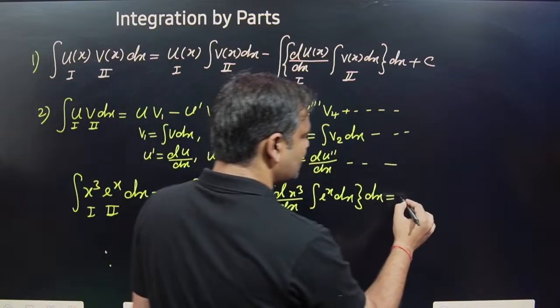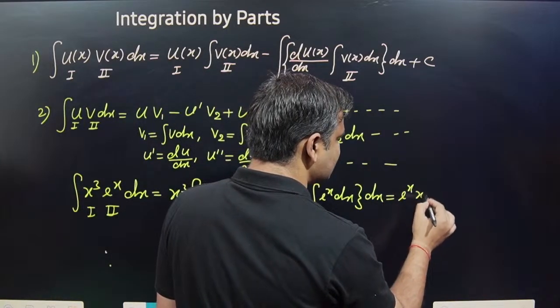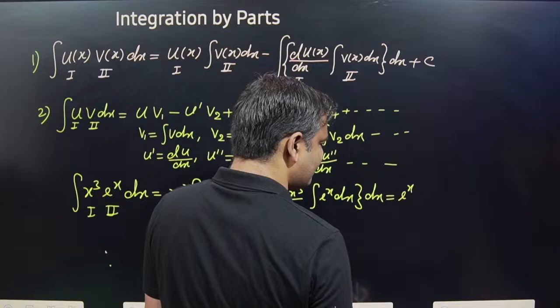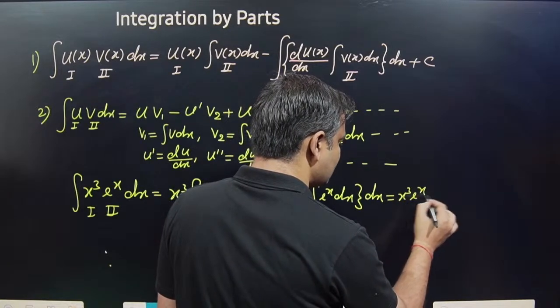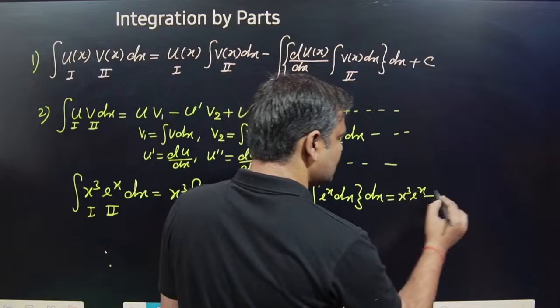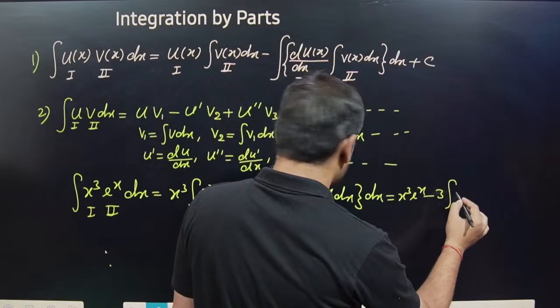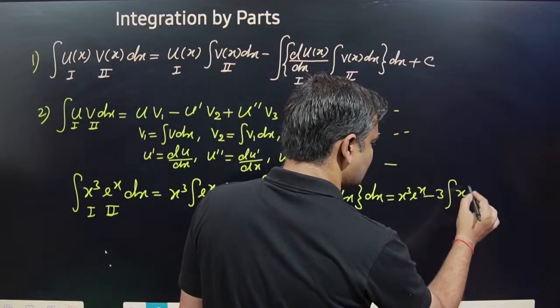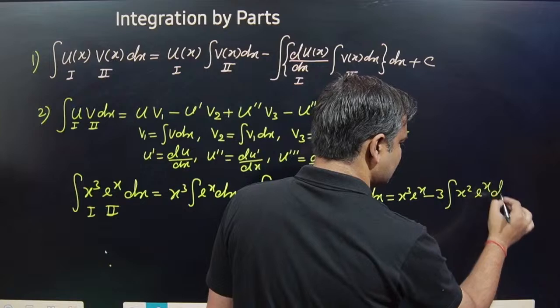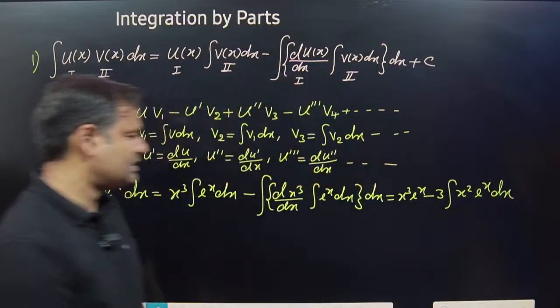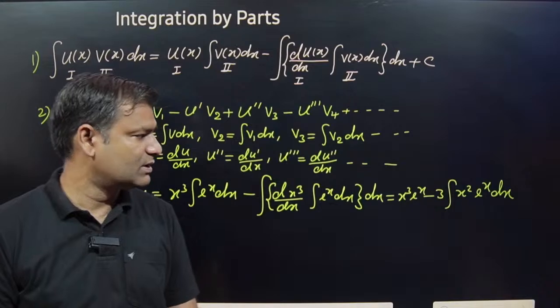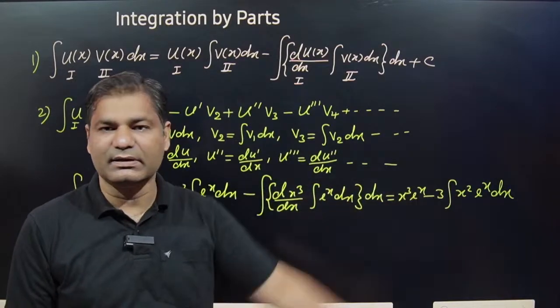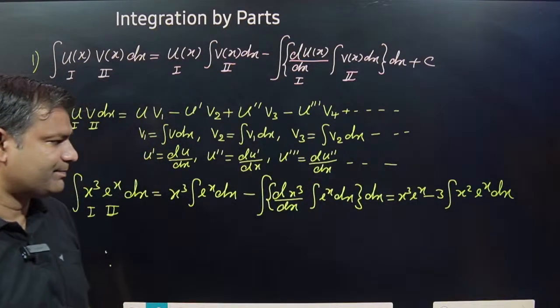This is x cube into e to power x minus 3x square into e to power x dx. Clear? Basically the differentiation of x cube is 3x square, so that's why 3x square into e to power x dx is written here.